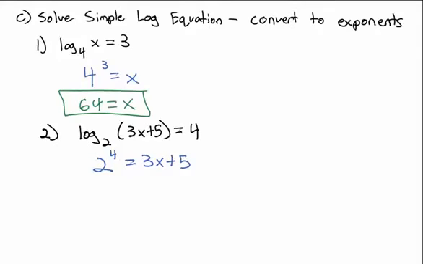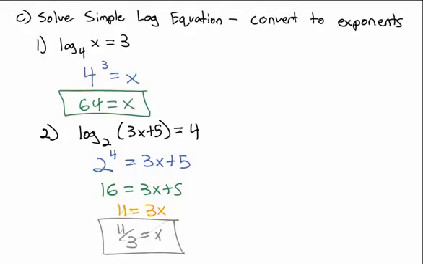And then we just solve from here. 2 to the 4th is 16, equal to 3x plus 5. Subtract 5, and we have 11 equals 3x. And divide by 3, x is 11/3. It's pretty simple to solve these log equations.